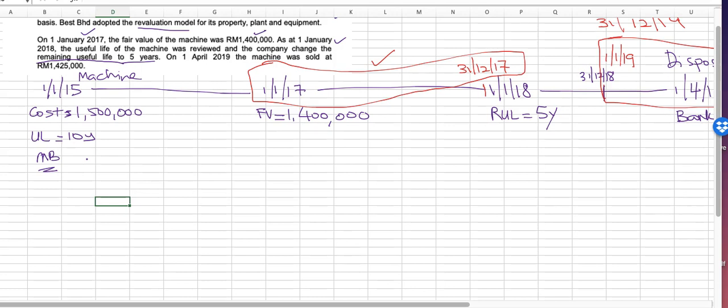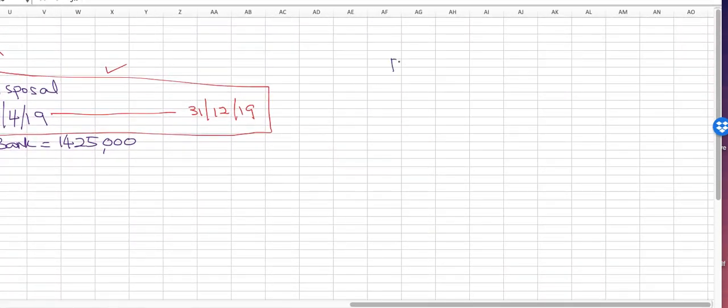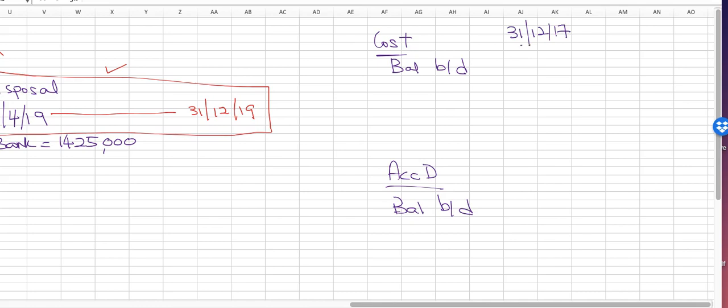Okay, when you do the notes, the first thing that you must make sure is that you have to identify what is the balance BD for the cost and for the accumulated depreciation, what is the balance BD. Okay, so in this case, dia ada 31st December 17 and for the year ended 31st December 19.